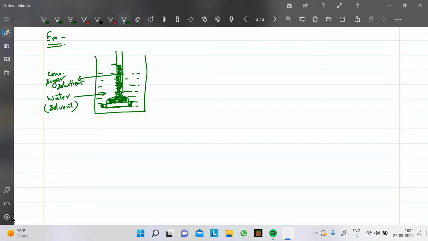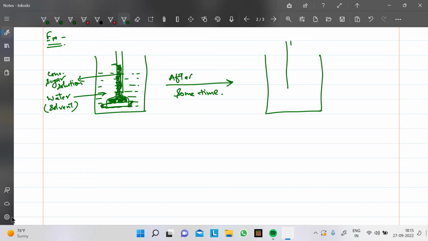What will happen after some time? Again, I have to draw a beaker, that funnel, tie a membrane on its mouth. This is filled with concentrated sugar solution. Here is water.